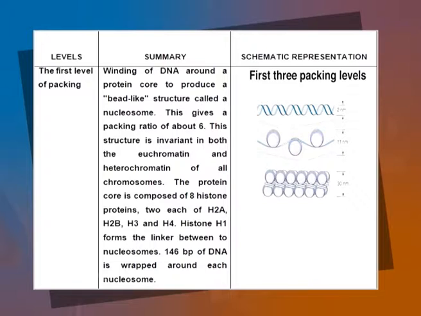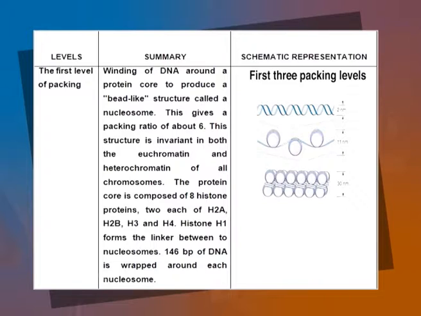Here you find 3 levels of chromosome organization, which is represented schematically. The first level of packaging involves the winding of DNA around a protein core to produce a bead-like structure called a nucleosome. This gives a packing ratio of about 6. This structure is invariant in both the euchromatin and heterochromatin of all chromosomes.